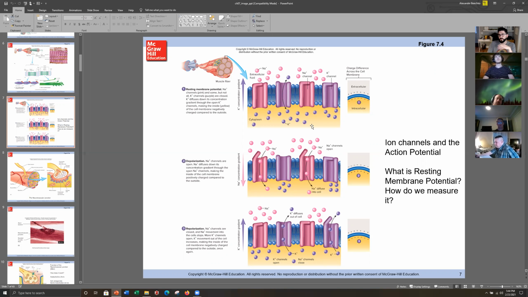In general, when we talk about excitability, we're referring to a positive stimulus or something that increases activity, whereas inhibition will typically lower the activity or the response of that muscle. I'll give you some examples in a little bit when we talk about neurotransmitters. But all skeletal muscles have this thing called a resting membrane potential.